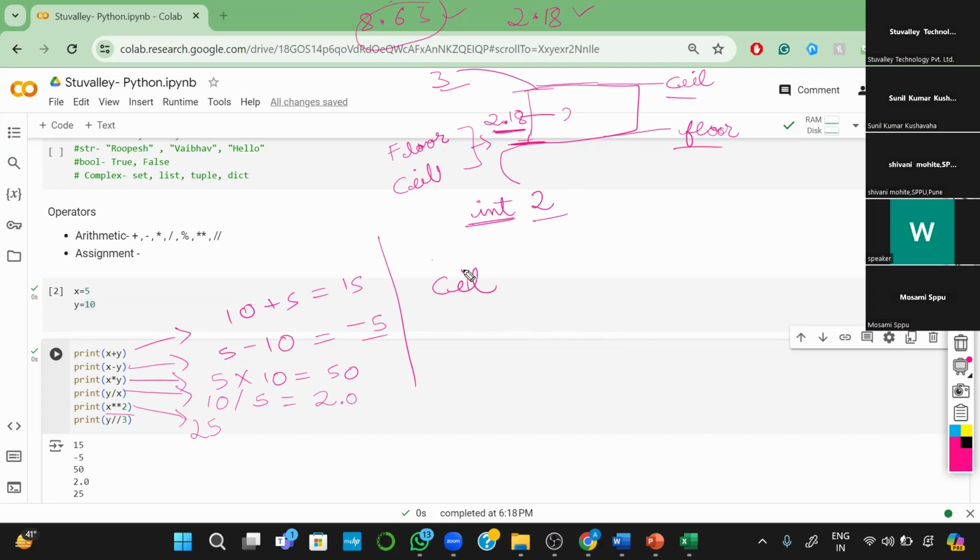If someone asks you what is the ceiling value, there is a ceil function in Python. What is the ceil value of 2.18? This function basically returns the ceiling value of this. So what would be the output, guys? What is the ceil value of 2.18? 3, correct? It would be 3.